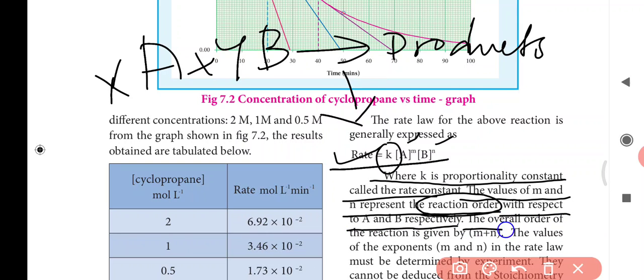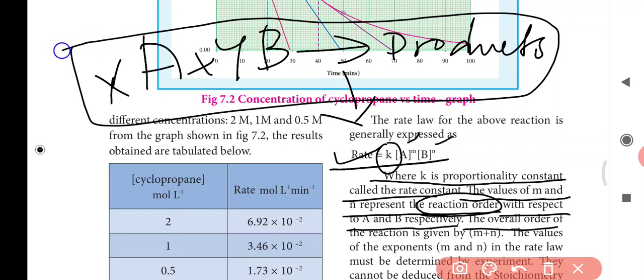If you want to know the overall order of reaction, you have to add the order of each reactant. Here the order of reactant A is m and the order of reactant B is n.